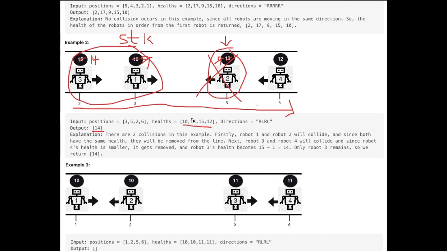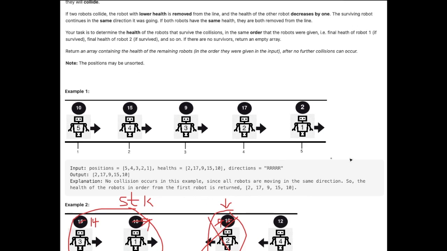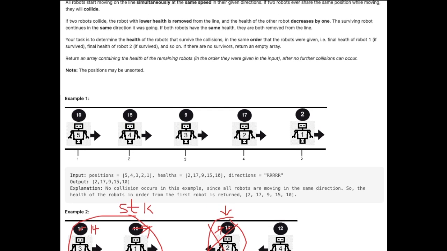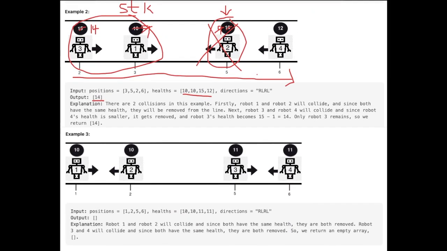If it is not, then we're just going to ignore it. And then we do them in the same fashion that we are given the orders, from left to right. So that's how we're going to maintain the same order that the robots were given. Okay, so in general, we're just going to use sorting and then stack to solve this problem. So that's pretty much all for the approach.